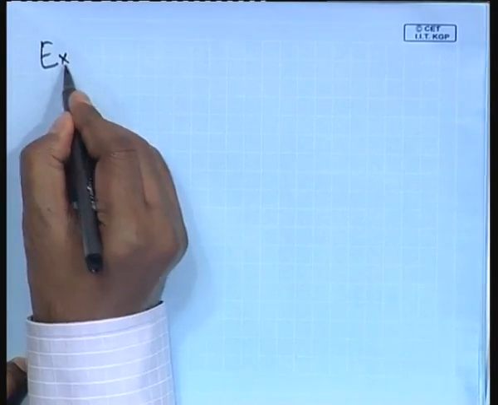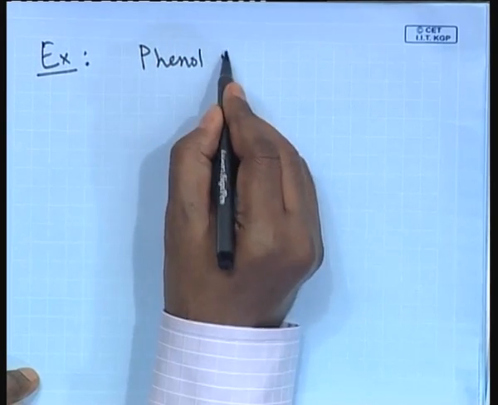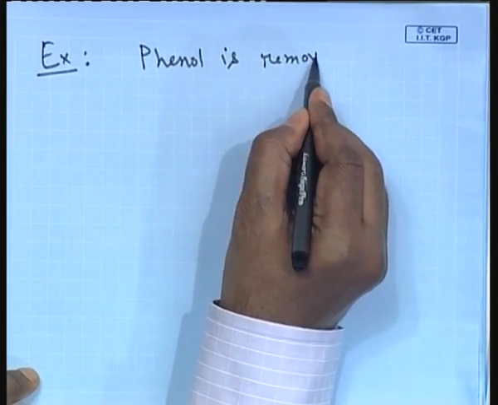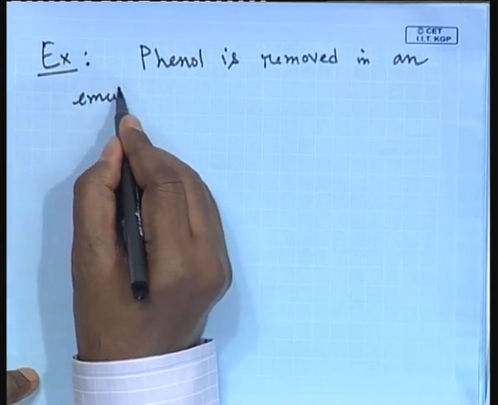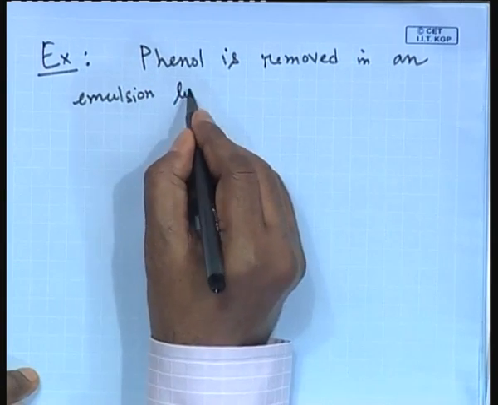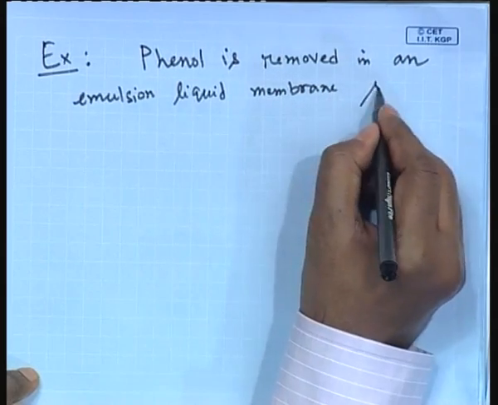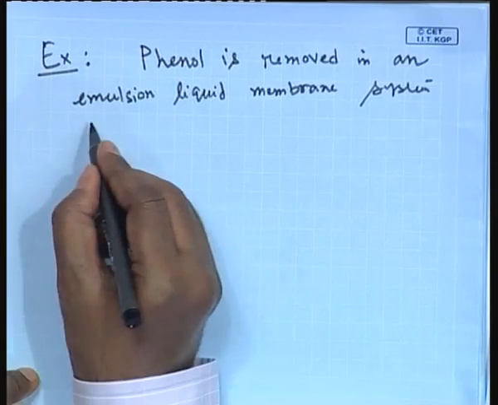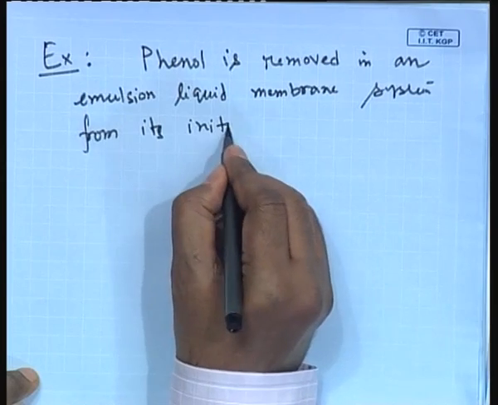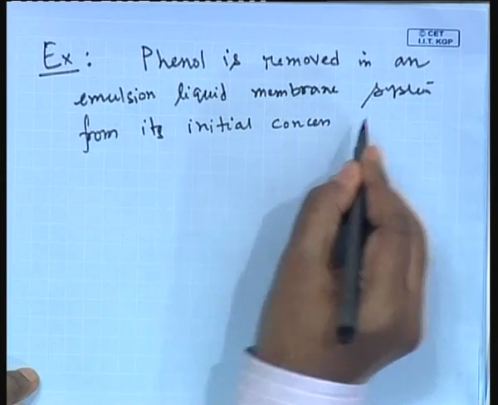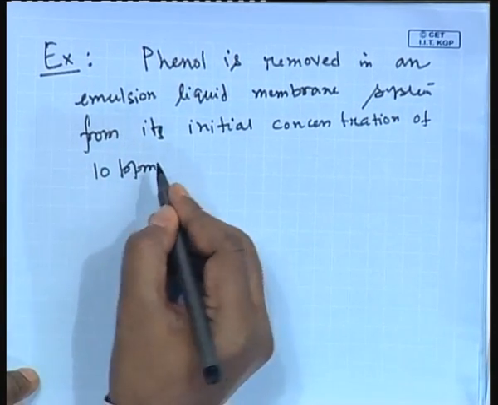Now, we will look into an example of a liquid membrane. Phenol is removed in an emulsion liquid membrane system from its initial concentration of 10 ppm. ppm is nothing but milligram per liter.